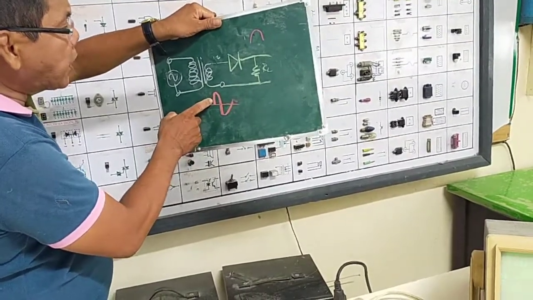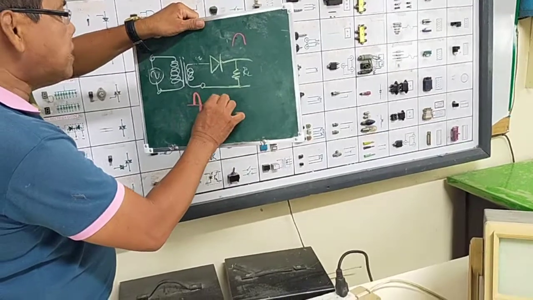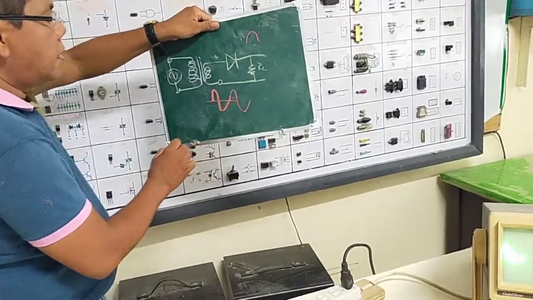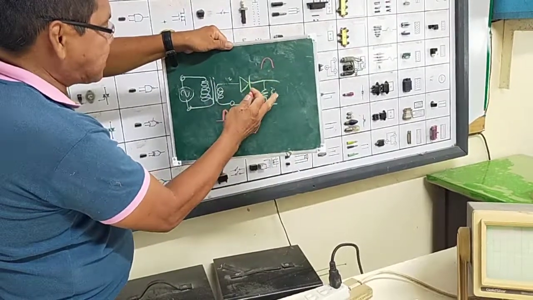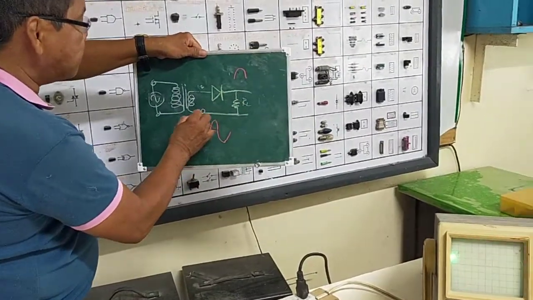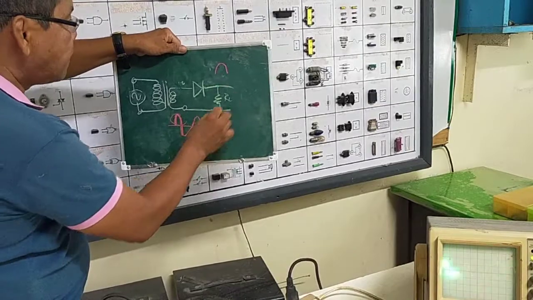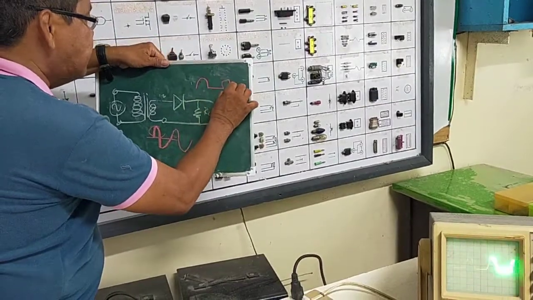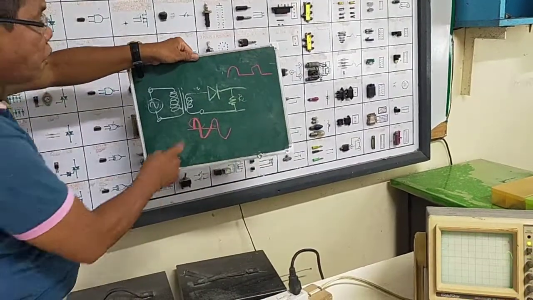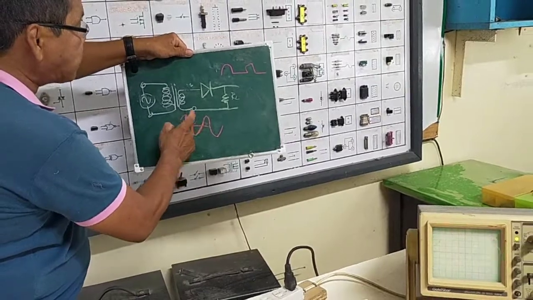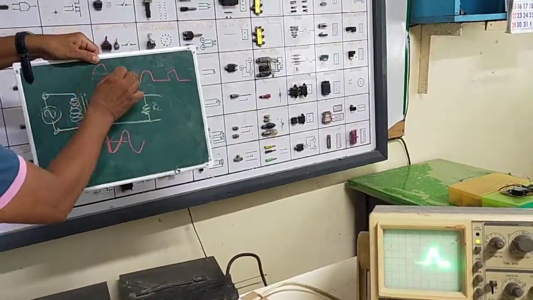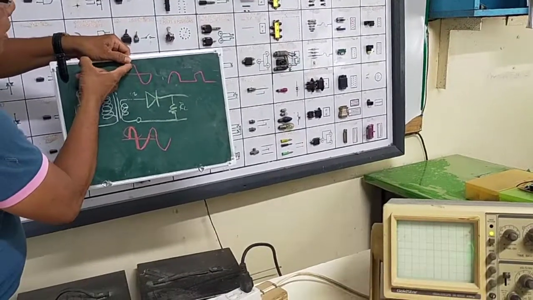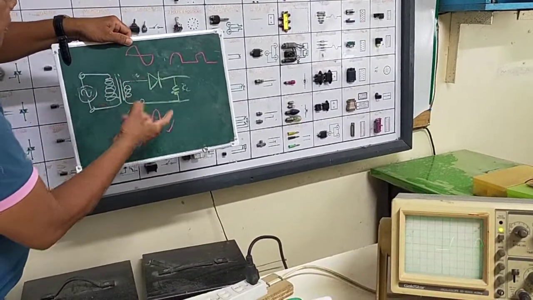Only the positive half cycles are allowed by this diode to pass because they are positive. That's why it goes like this. Half wave, because only half of the cycle. One cycle is composed of two half cycles, the positive half cycle and the negative half cycle.